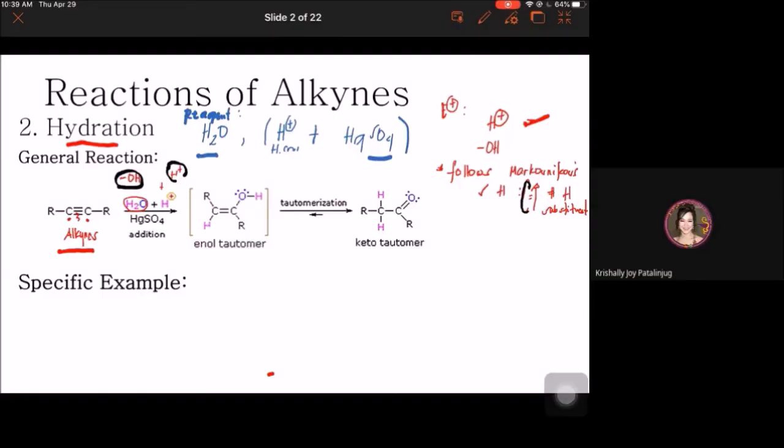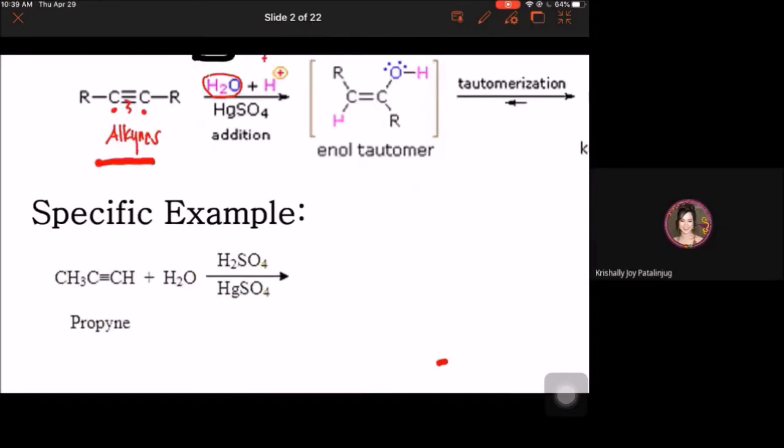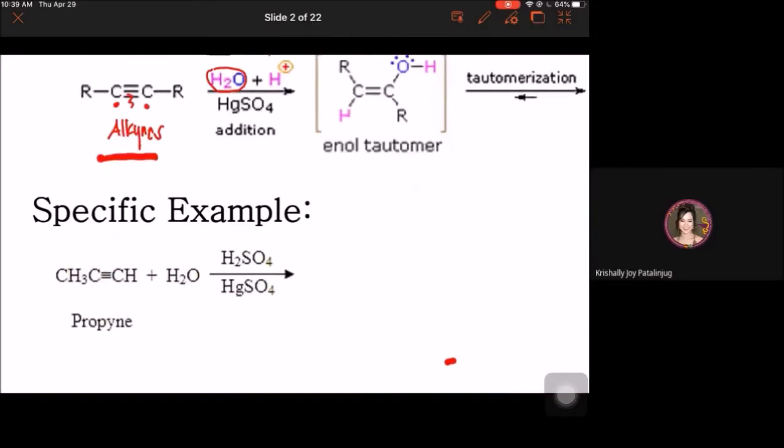Alright, now what is the specific example? Let's have propyne as a specific alkyne. As you can see here, propyne has a carbon to carbon triple bond. So in the hydration reaction, the first pi bond will break. So each carbon here will now have an unpaired electron. To stabilize each carbon, you'll have the electrophiles OH and H plus added to each carbon.